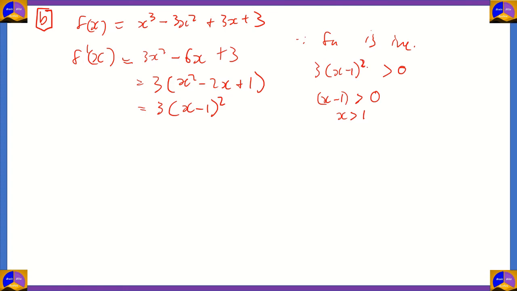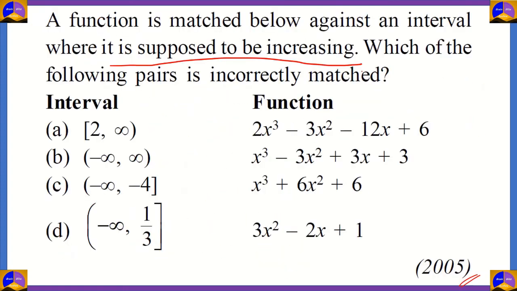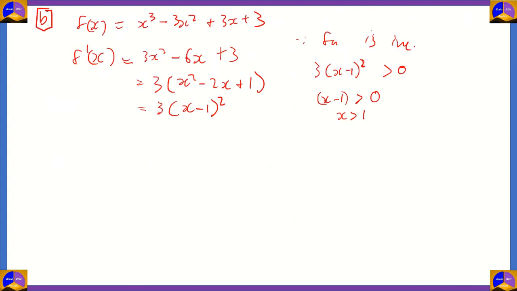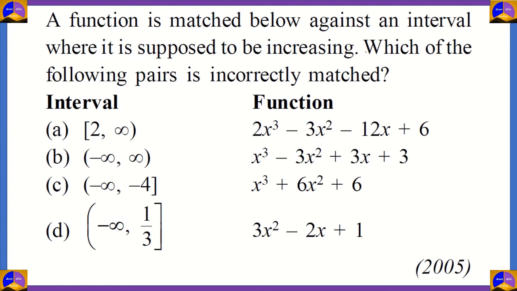And since it's under a square, at any point on the interval minus infinity to infinity, what you can see is that x minus 1 is under a square. So whether you have positive values of x or negative values of x, you will have the correct interval, that is minus infinity to infinity.